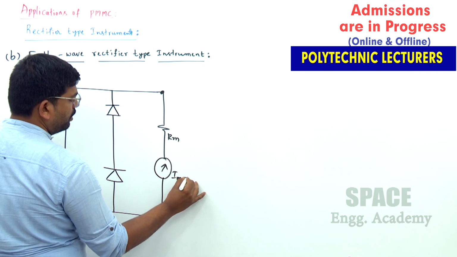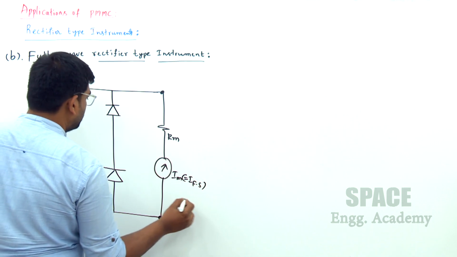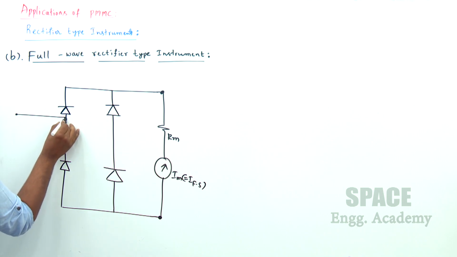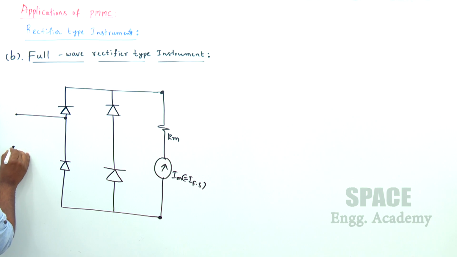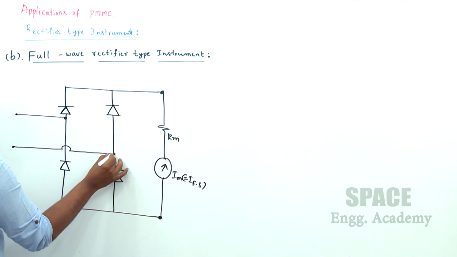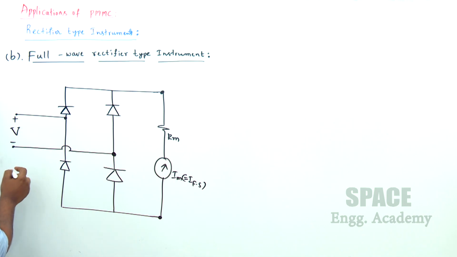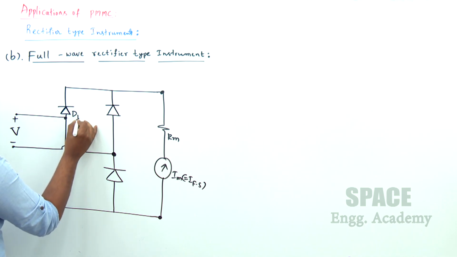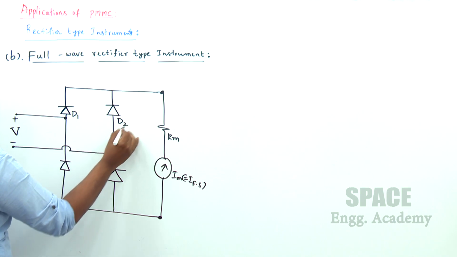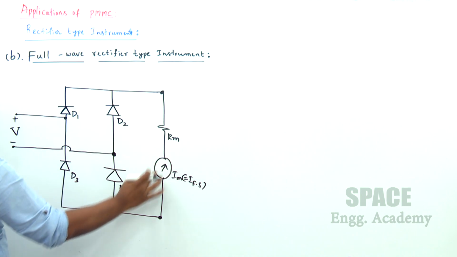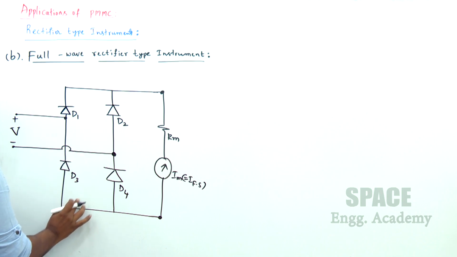It is Im or IFS, but here the supply we are giving at these terminals. This is our supply voltage. If you give numbering here D1, D2, D3, D4, in the positive cycle D1 as well as D4 are in on position, in the negative cycle D3 and D2 are in on position.